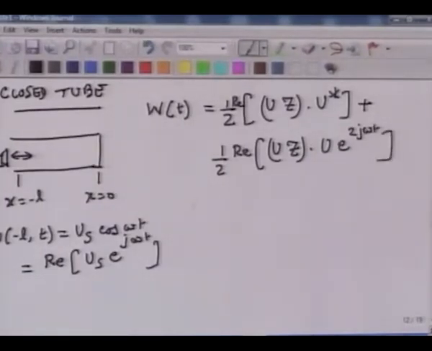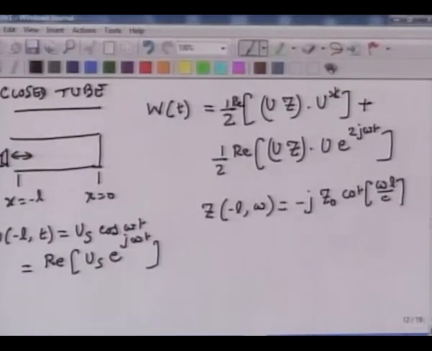Now we know that the impedance in a closed tube, we had seen in earlier classes, at minus L is minus j z naught cotangent of omega L over c.